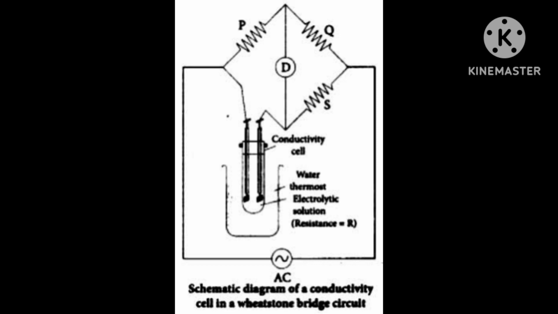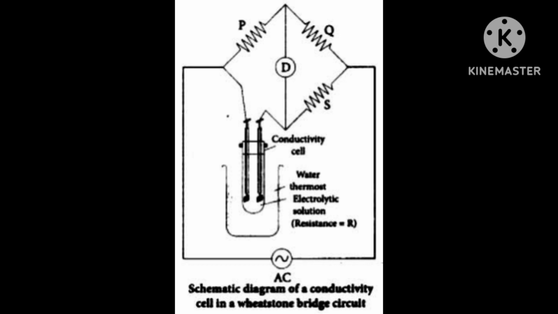Putting the value of rho as 1 upon kappa, R will be equal to L divided by kappa into A, capital A. Now four terms are there: R, L, kappa and A. If you want to know the value of kappa, then you should know L, the length of solution, A, the cross sectional area, and R, the resistance.